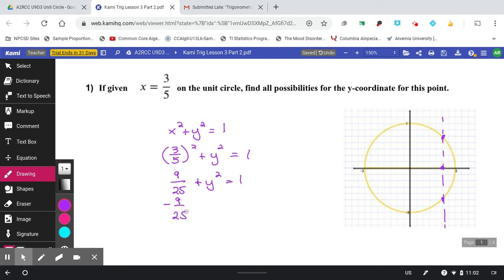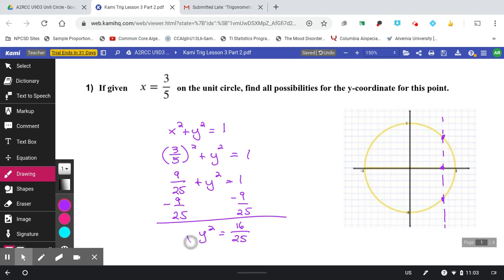Subtract the 9/25 from both sides, and we get y squared is equal to 16/25. Remember, when you're subtracting it from 1, that's really 25/25, which would be 1, minus 9/25. But you could do that in your calculator as well.